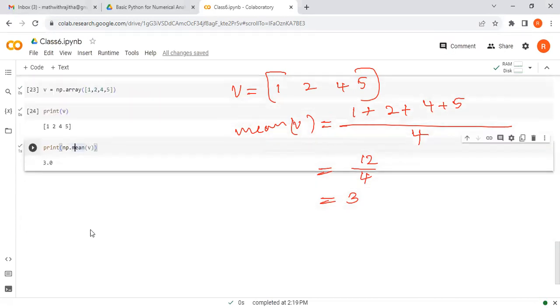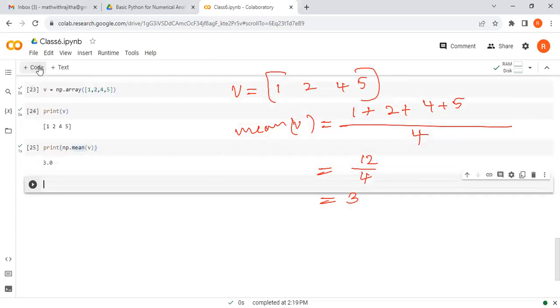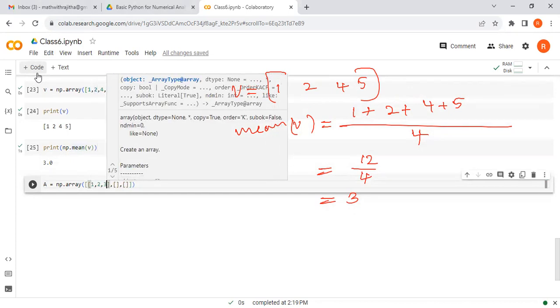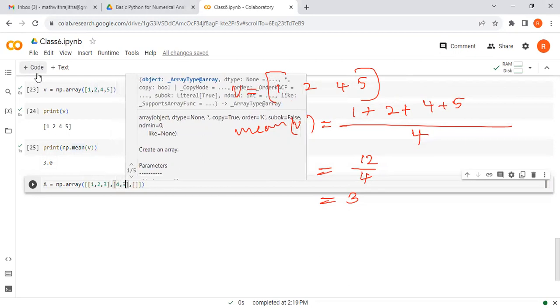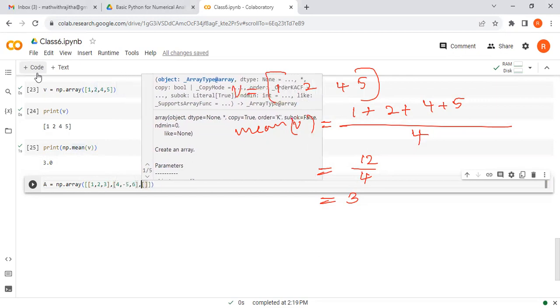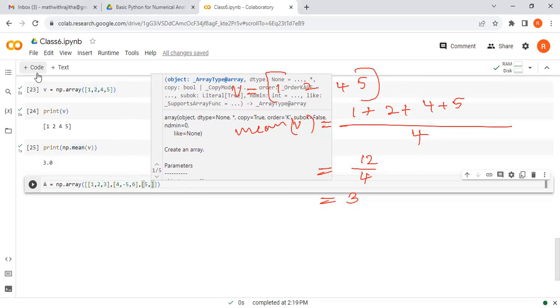The next one. The mean is fine. Let me write another example. A equals np.array of the matrix: 1, 2, 3; 4, minus 5, 6; 5, minus 6, 7.